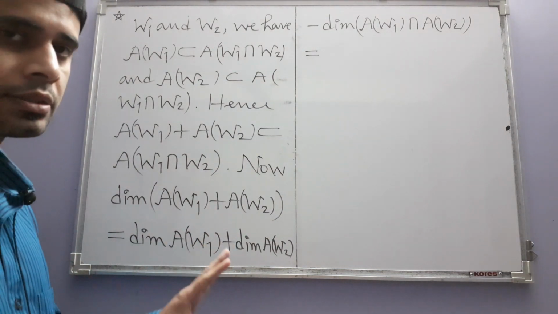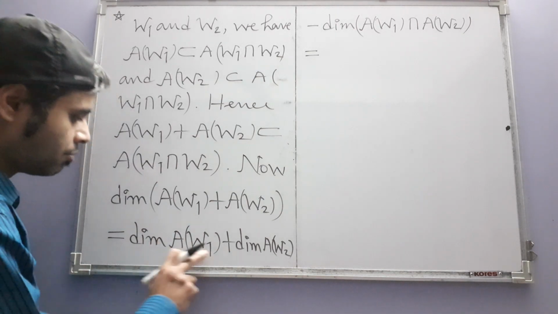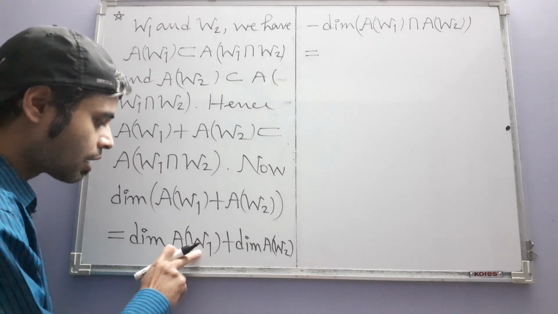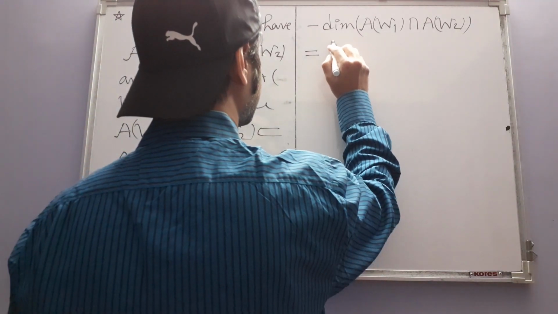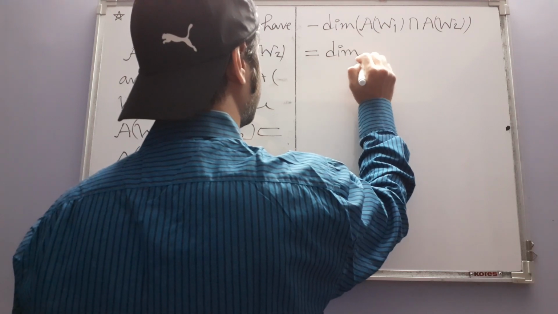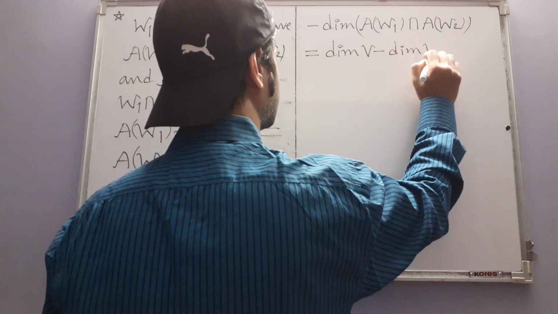There are other things that we can write in place of these quantities. For example, we know what this dimension is in terms of the dimension of W1, which is the dimension of V minus the dimension of W1.